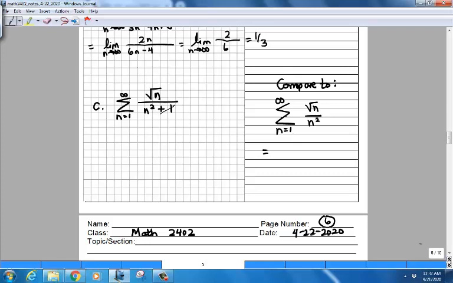And I want to point out now that that series we can analyze easily, because square root of n we can rewrite in the usual calculus fashion as n to the 1/2 power. So we have the sum from n equals 1 to infinity of 1 over n to the 3/2 power.